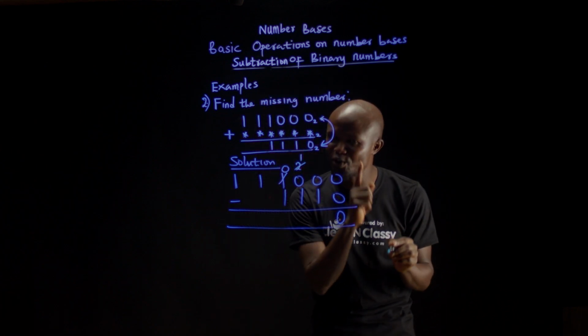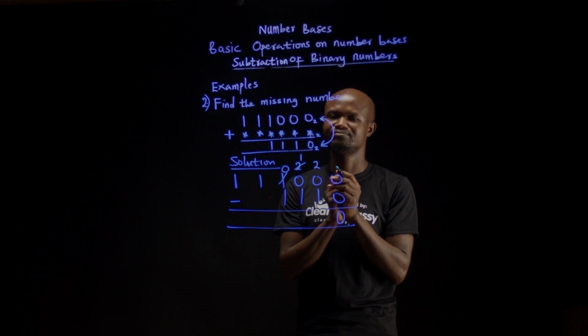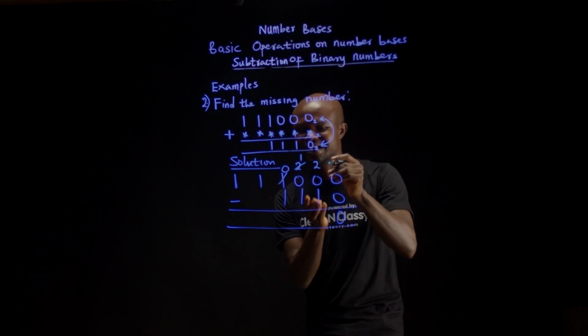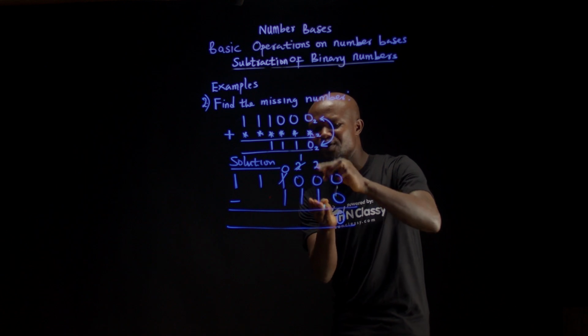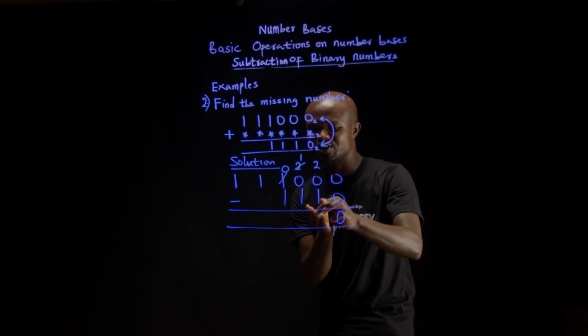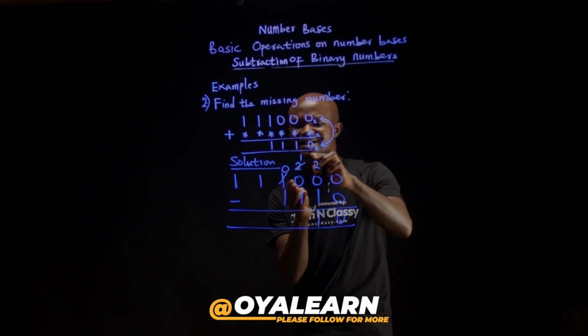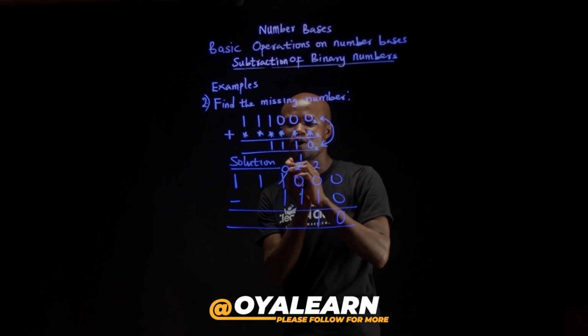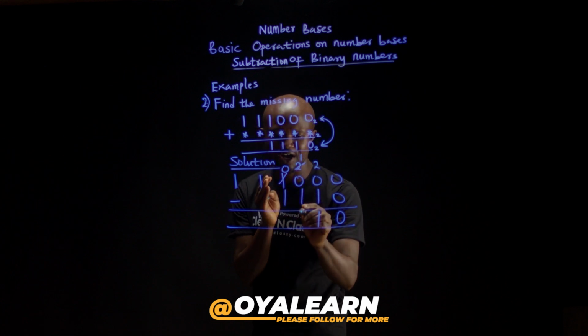But once you are borrowing, you are borrowing the base, which is base 2. Now, we can perform our operation. 2 plus 0, that is 2. Minus 1, what will you have? We have 1. Then 1 plus 0, what will you have? That is 1. Minus 1, what will you have?